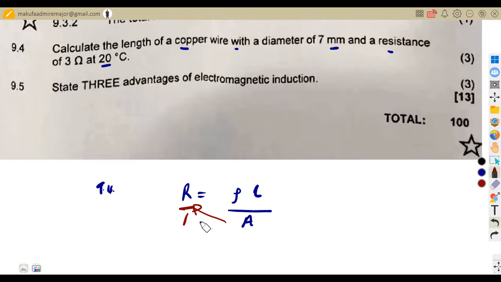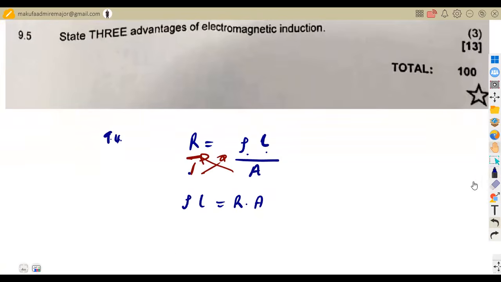Let's see, we cross multiply. That is going to be resistivity times length, then we have resistance times area. As we want to calculate the length, we divide by the resistivity. Length is going to be RA over the resistivity.